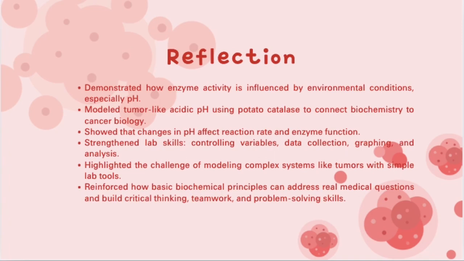The lab also strengthened our experimental skills, including controlling variables, collecting reliable data, and analyzing results through graphs and averages. We gained a greater appreciation for the challenges of modeling complex biological systems, such as tumors, with simple laboratory tools. Overall, this project showed us how basic biochemical principles can be used to explore important medical questions and helped us develop critical thinking, teamwork, and problem-solving skills.